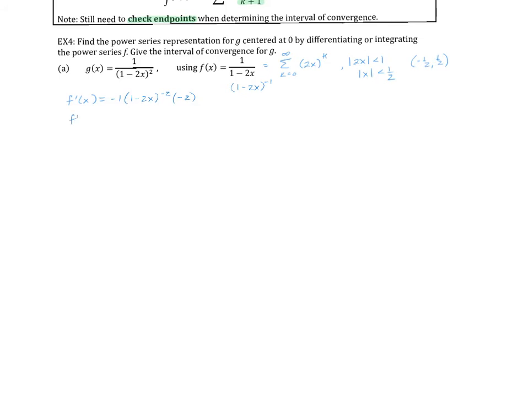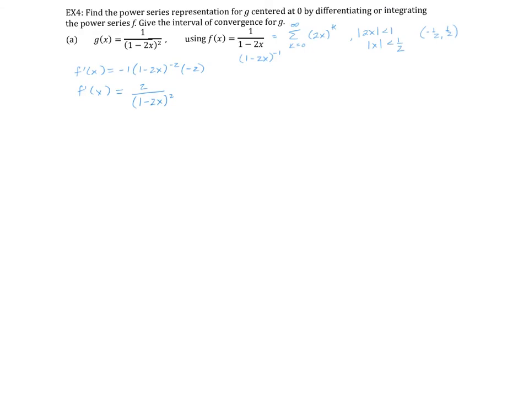When I rewrite this, the negatives cancel, and I simply get 2 over (1 minus 2x) squared, which is very similar to g. The only difference is the 2 in the numerator, which is not a problem, because I can see that g of x is simply 1/2 times f prime of x. If I simply multiply f prime of x by 1/2, I get my g of x.